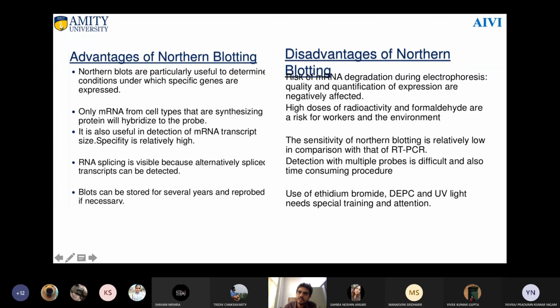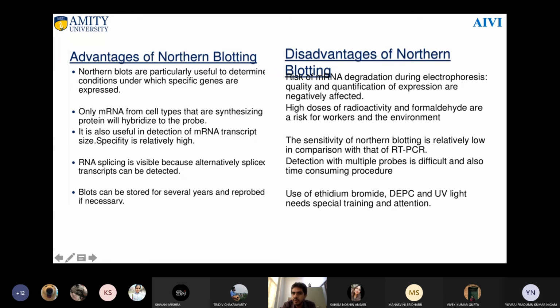But there is also a disadvantage of northern blotting, because at the start step, the risk of degradation is there during the electrophoresis itself. The quantity of expression is very much affected by the electrophoresis or the reagents that you are using. So whenever you are handling RNA, all the reagents must be treated with DEPC, and this DEPC is to degrade all the nucleases that are present.